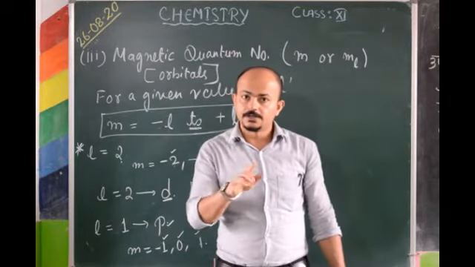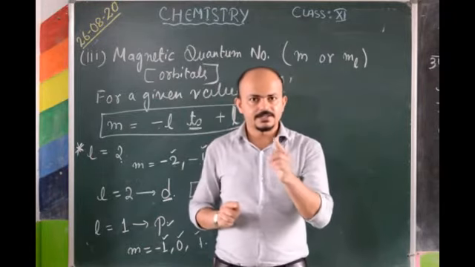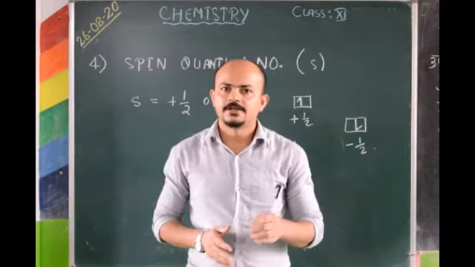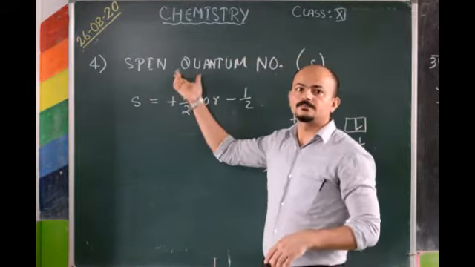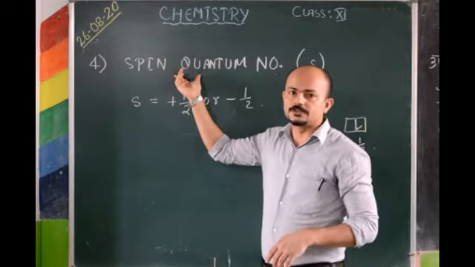So this is clear. Based on that, we have the fourth type of quantum number, that is the spin quantum number.